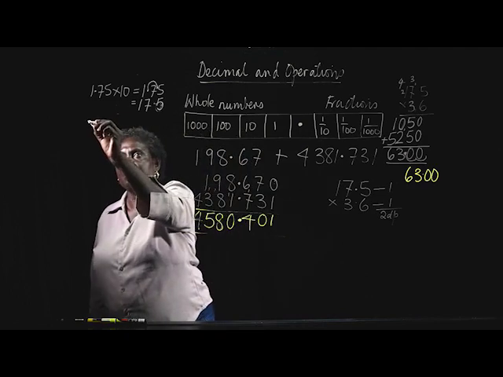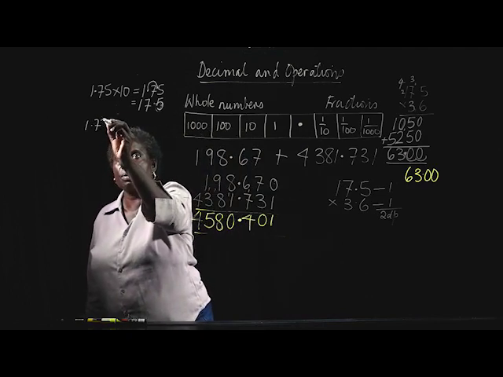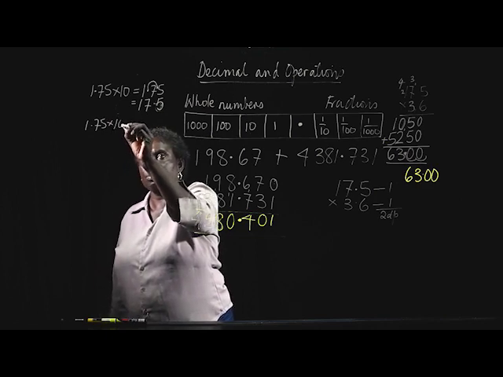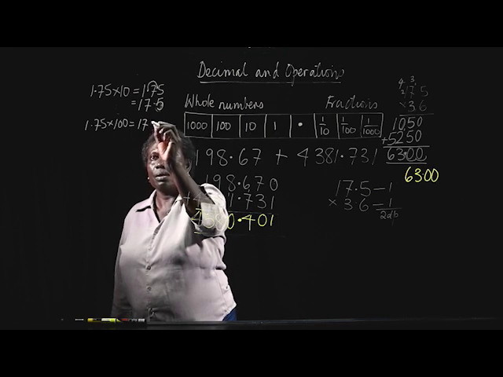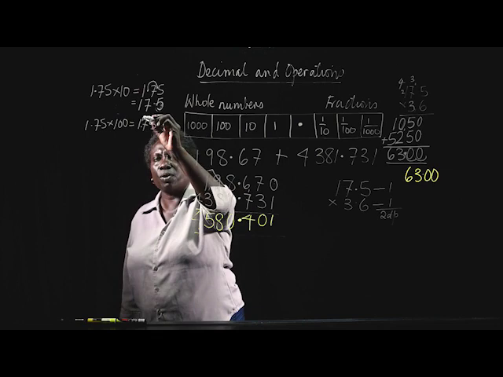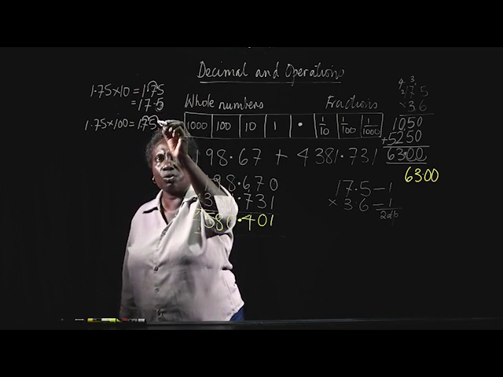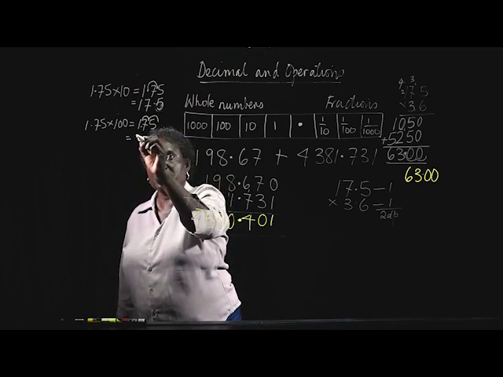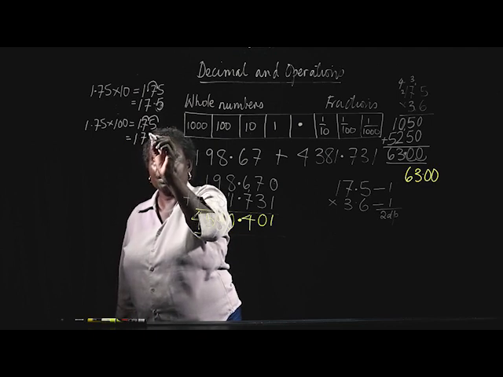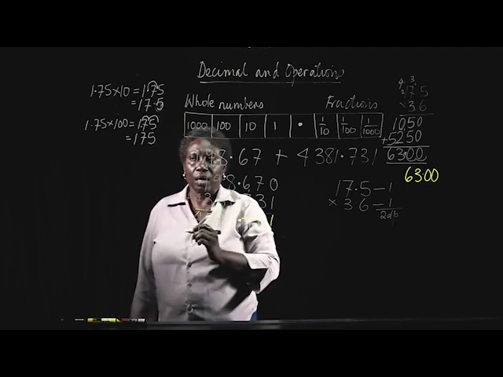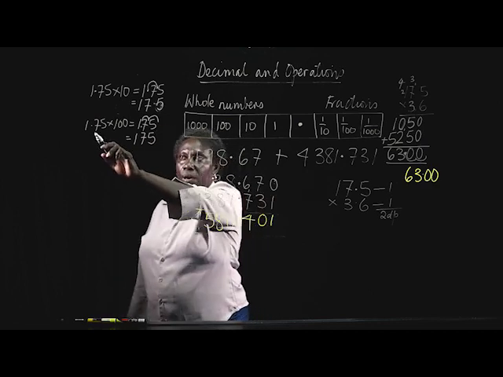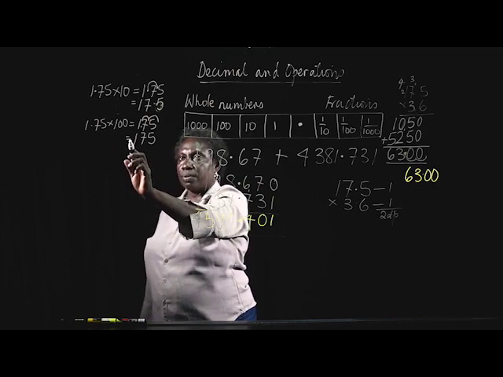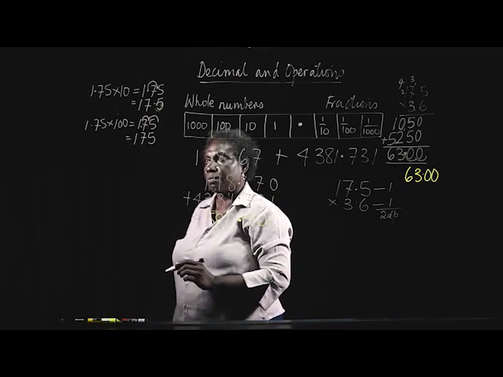I have 1.75 times 100. I move 2 places to the right from where the decimal point is, 1, 2. And that gives me 175. So, 1.75 times 100 is equal to 175.